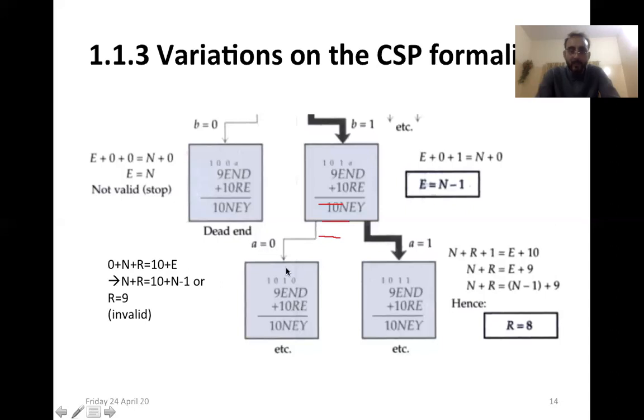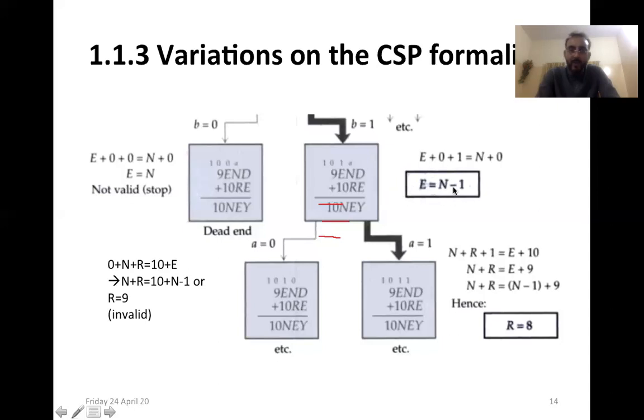So by putting A is equal to 0 in our CSP, okay, A is 0, and then we have this N and R and E, very much similar to the previous state. And now we have 0 plus N plus R is equal to 10, and we have the carry 1. Here in this case we have the carry 1. So 10 multiplied by 1, we have 10. 10 plus E. So N plus R is equal to 10 plus E, and we can put E is equal to N minus 1 in this equation.